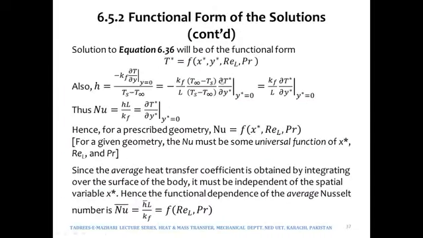So plus Ts is a separate term. The differential of that term would be 0 because Ts is a constant quantity. While differentiating T star times T infinity minus Ts, T infinity minus Ts is the coefficient of T star, so it will come out of the differential sign and we will be left with the differential of T star.